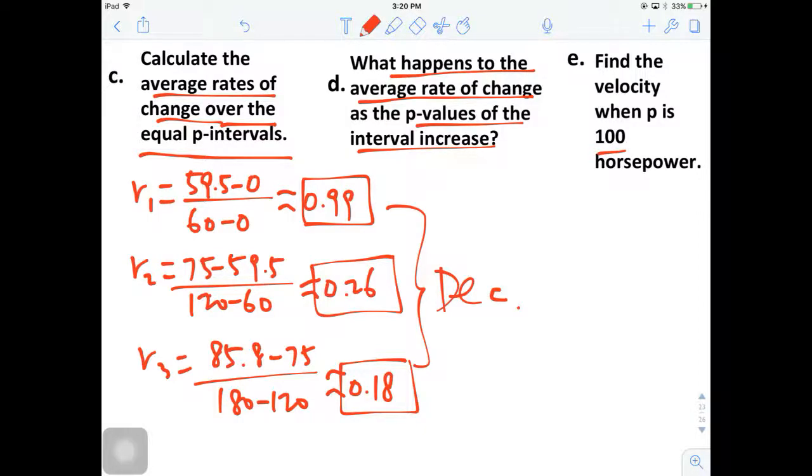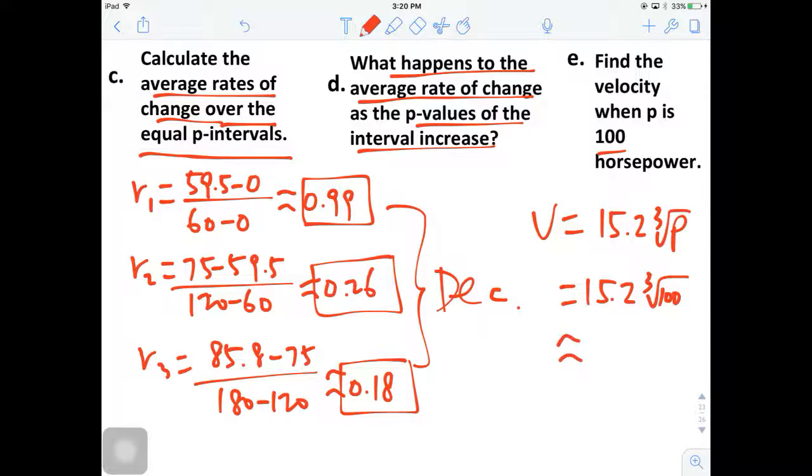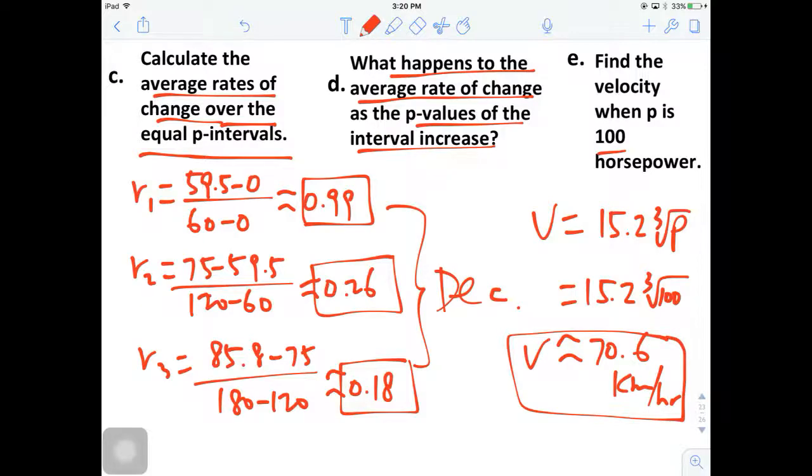So using the same equation that was given, 15.2 cube root of P, well, if we substitute the 100 horsepower in for the P, we should have approximately 70.6 kilometers per hour would be the velocity for the specific given horsepower. And that is the end of the problem.